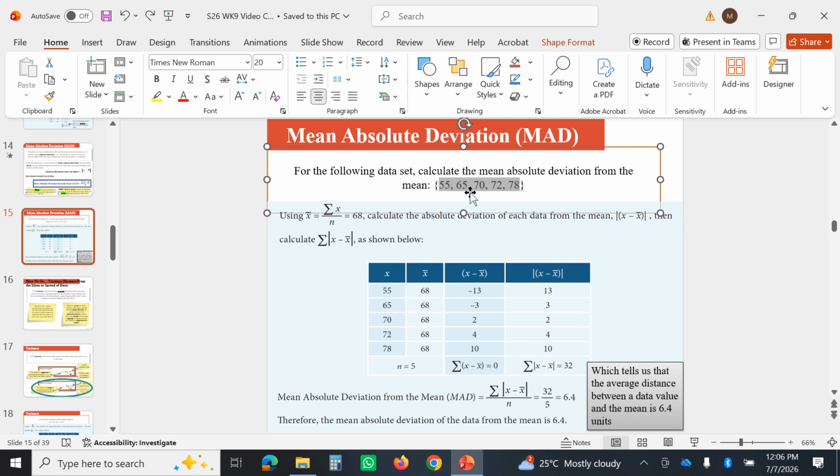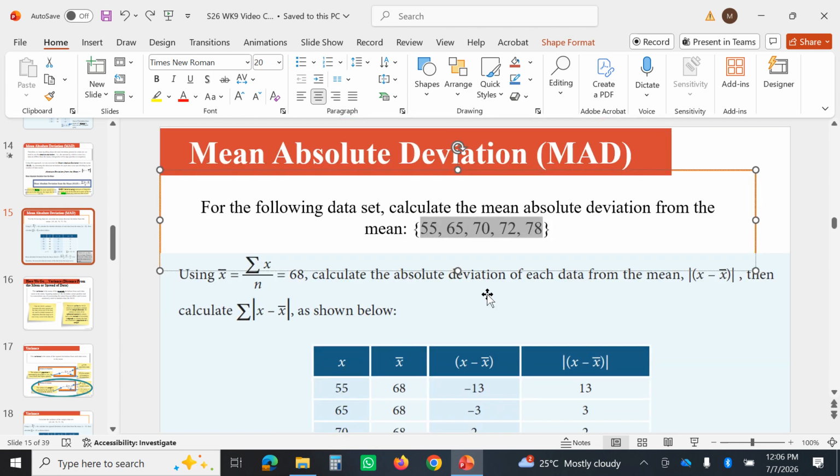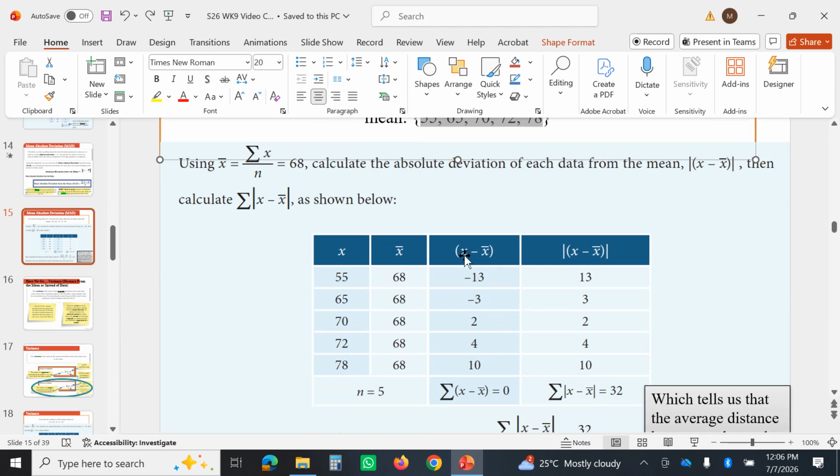All right, so you take these numbers here and you fill them in here in order. And then you'll see there that this is for the mean. The mean is the same for all data points. So you just put in 68 all the way down. Okay? Now you'll see that what we're dealing with here, this is the data point minus the mean. How far is that data point away from the mean?